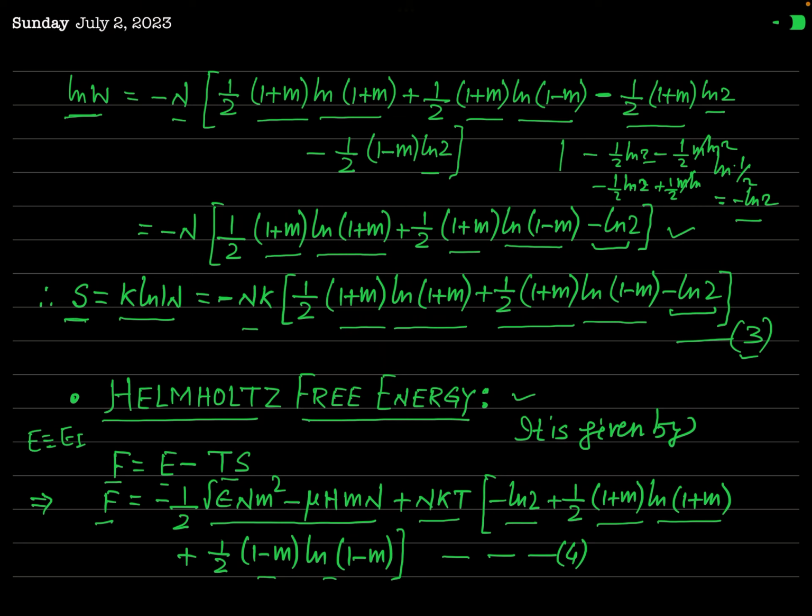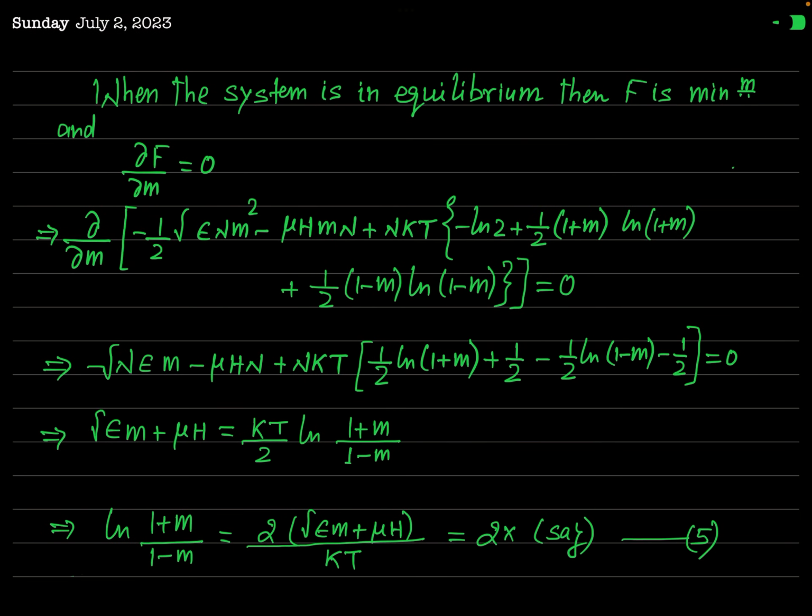So when we minimize this F with respect to m, we can use the condition for minima: if the system is in equilibrium, then del F by del m equals 0.